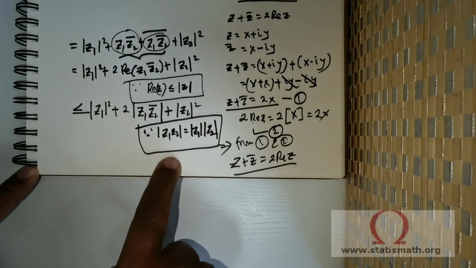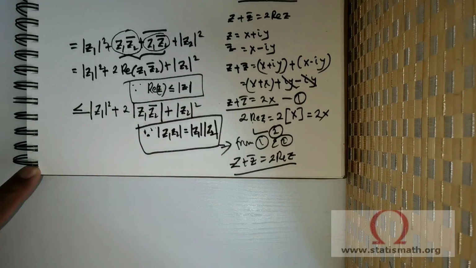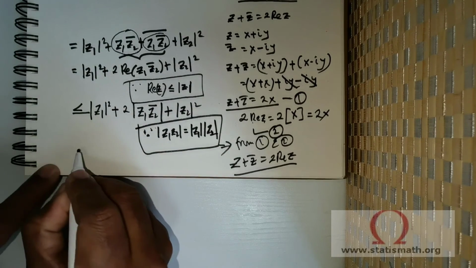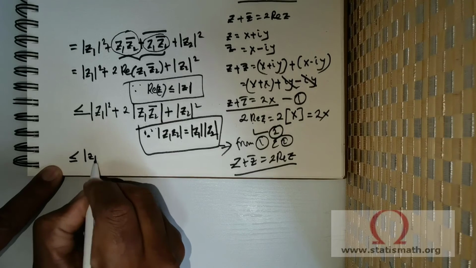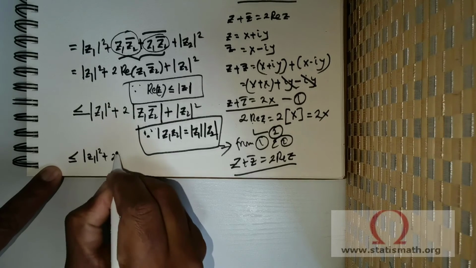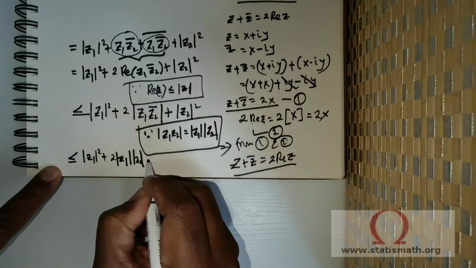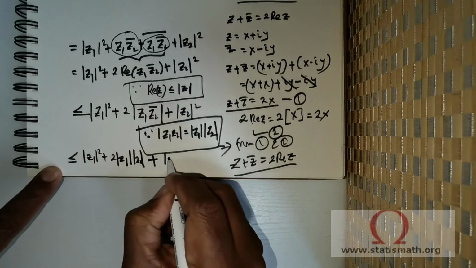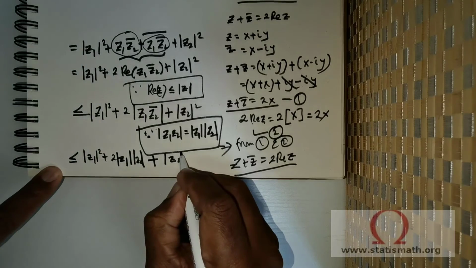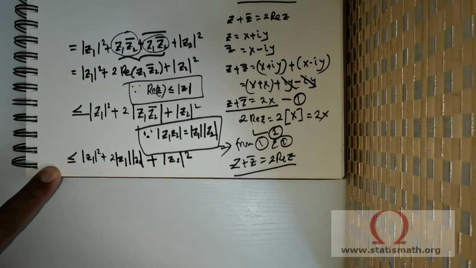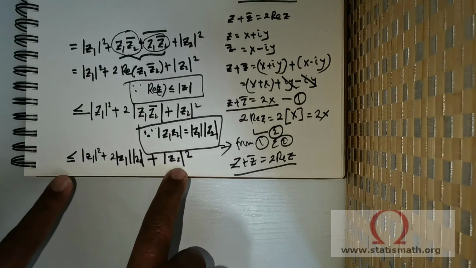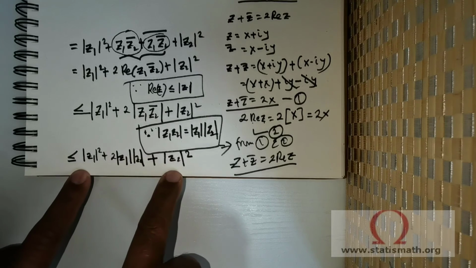Because of this property, I can now rewrite this as less than or equal to modulus of z1 squared + 2 times modulus of z1 multiplied with modulus of z2 + modulus of z2 squared. I'm able to get this entire outcome, right?